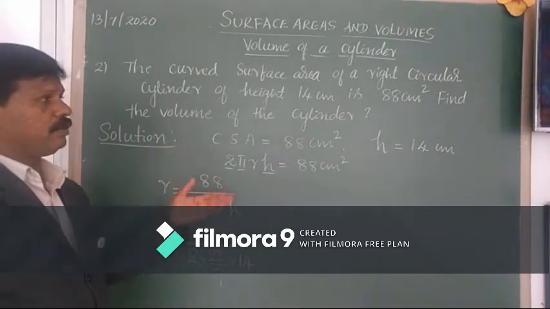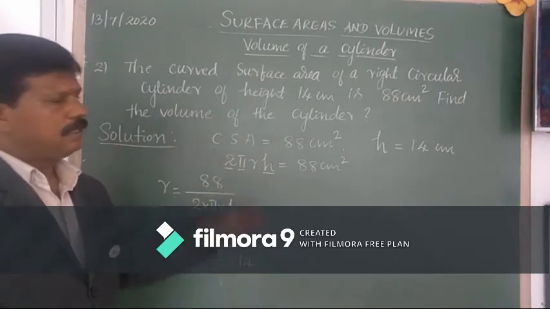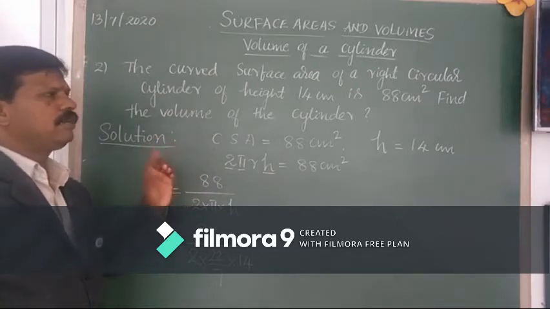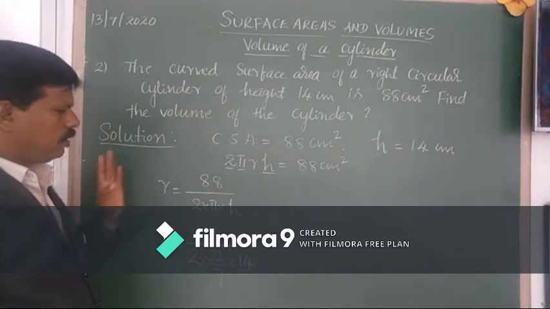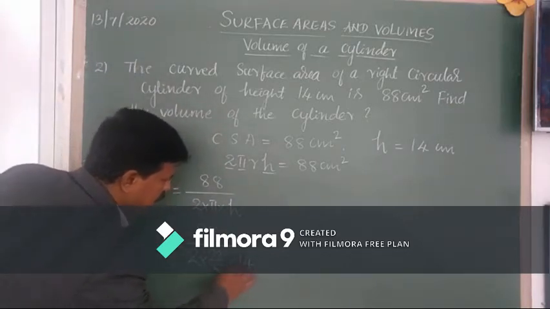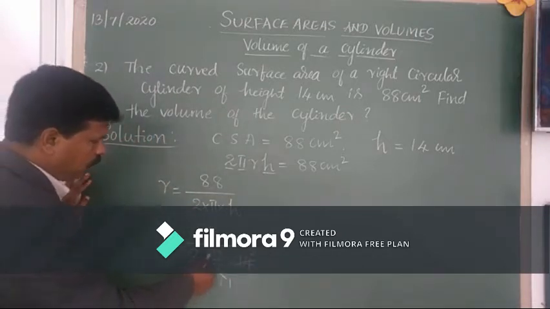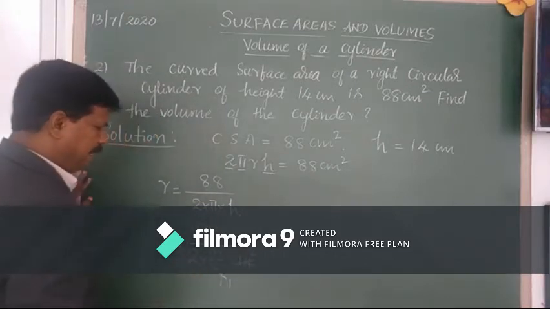If the question is like this, they are not giving the radius of the cylinder directly. In one way or another they give something, and we should make use of the formulas and find the radius. Now here you can cancel: 7 ones are 7, 7 twos are 14. 22 twos are 44, 44 twos are 88.